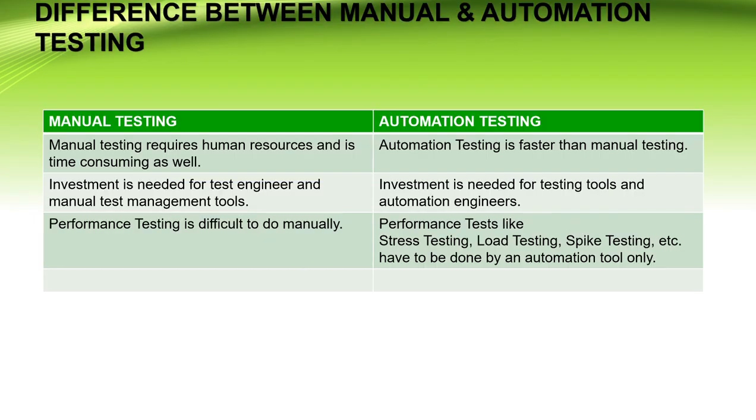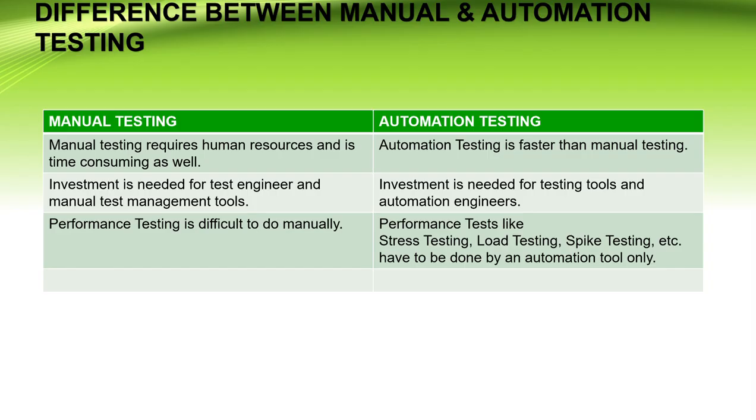So, what is the difference between manual and automation testing? Manual testing requires human resources and is time consuming as well, and automation testing is faster than manual testing. It is faster if we are doing regression testing and repetitive tasks. If we are doing any repetitive testing, then it is better to do automation testing.